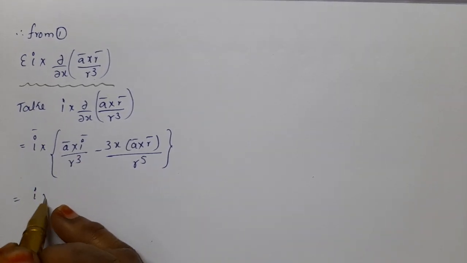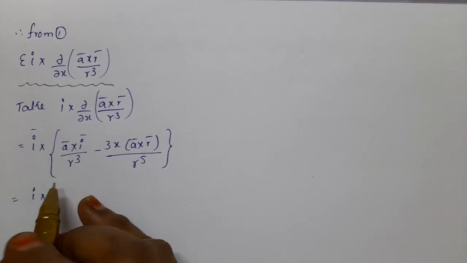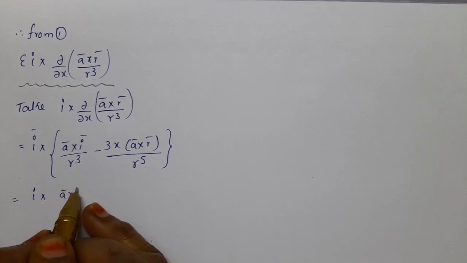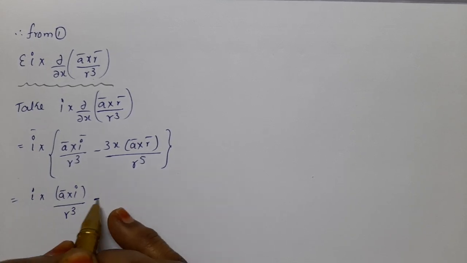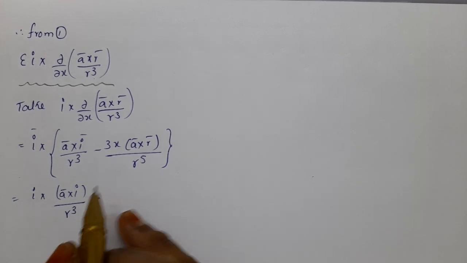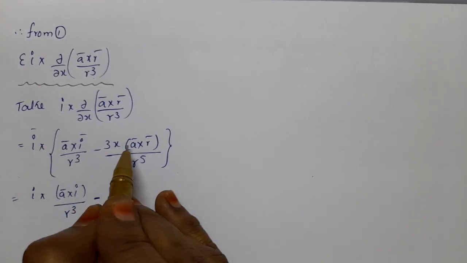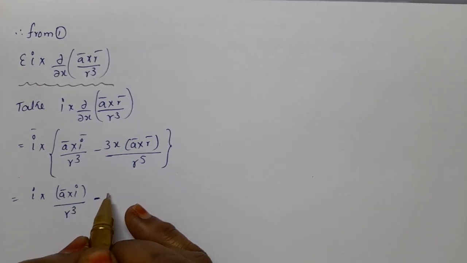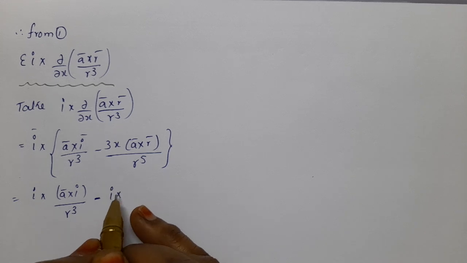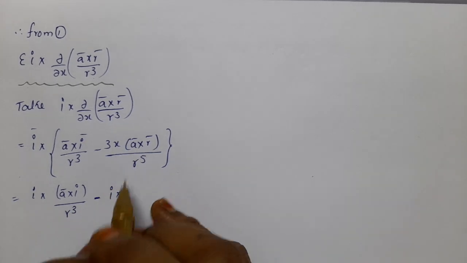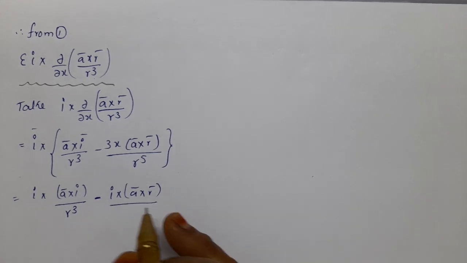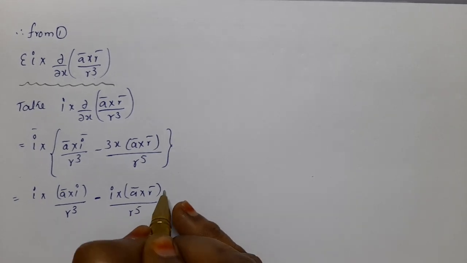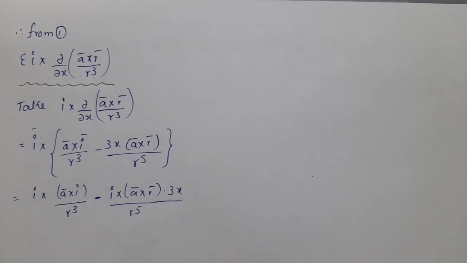So I cross, multiply this, I cross a bar cross I bar by r cube, minus, multiply with this I cross a bar cross r bar by r power 5 into 3x.